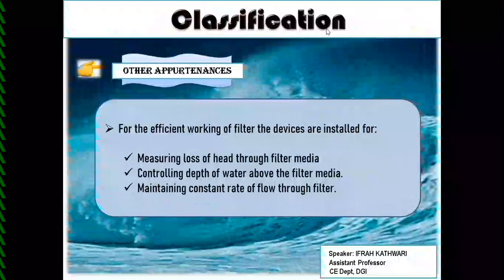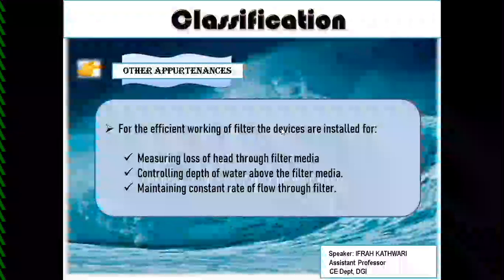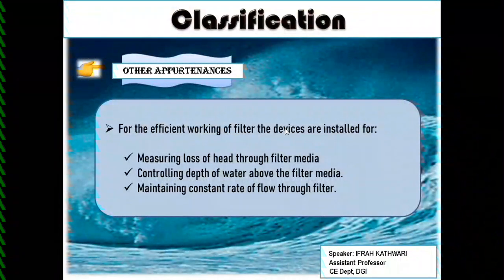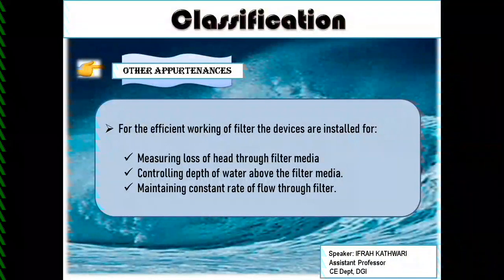Then we have other appurtenances that may be present in slow sand filters. These are installed for various purposes. We need some devices to be installed in the slow sand filters or in any process. Whenever water enters the filtration tank, it has some velocity, and whenever it reaches the filter media and passes through it, there must be some loss in velocity.